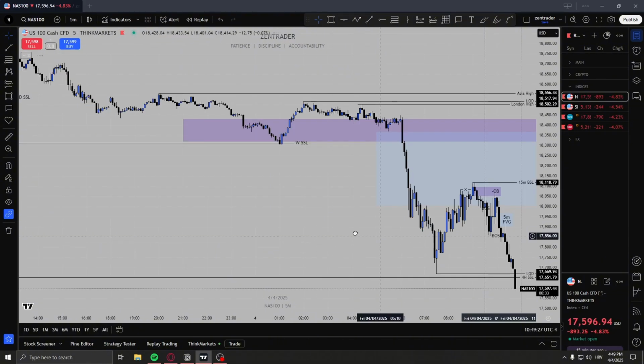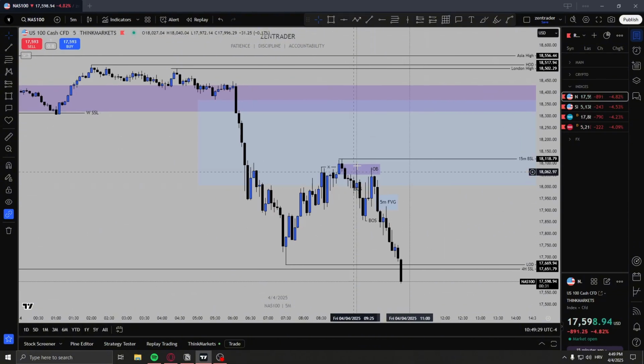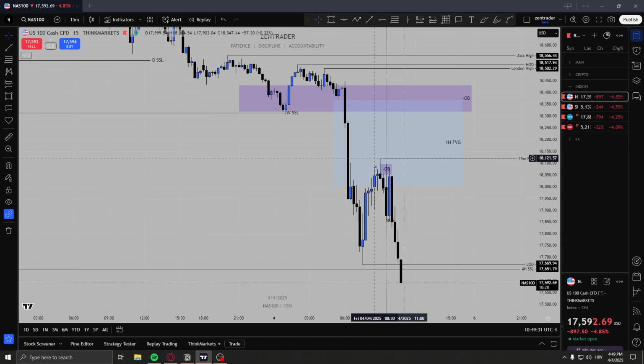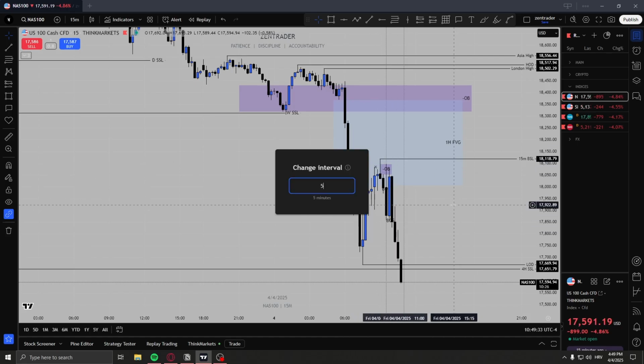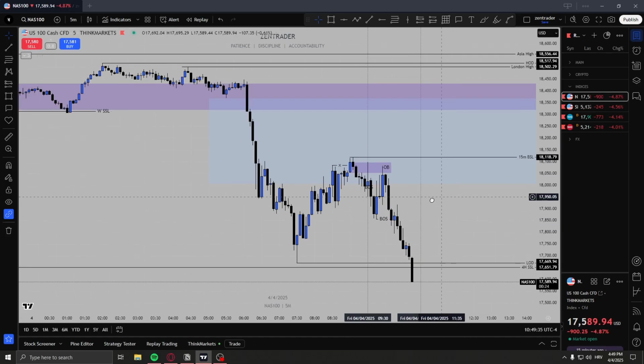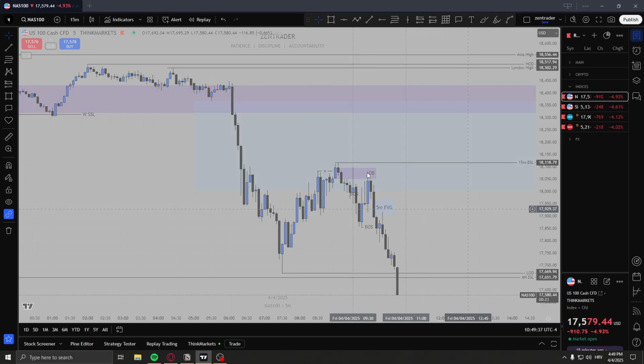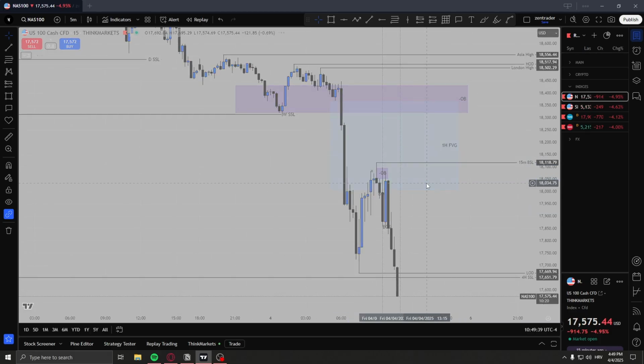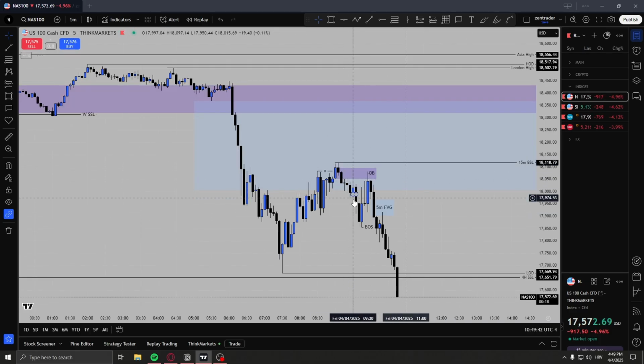So you can see here at 9:30 I was expecting price to go up and sweep this 15-minute buy side, and then give me the setup to the downside, the confirmation, everything. Instead, what it did is it swept this swing high prior to the market open, then moved down, and at the market open it didn't sweep the liquidity, but it retraced into the key level.